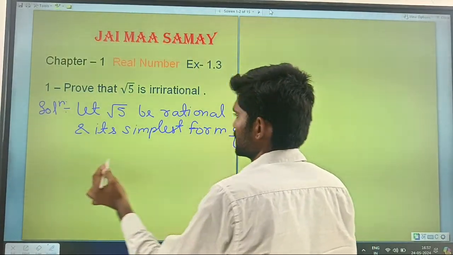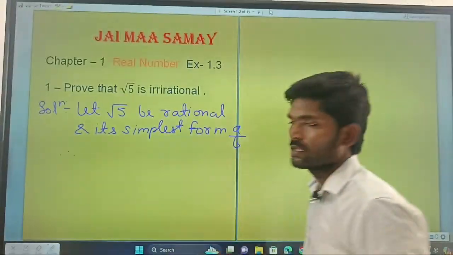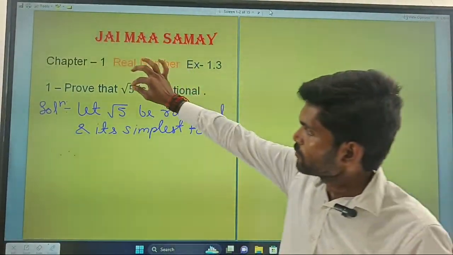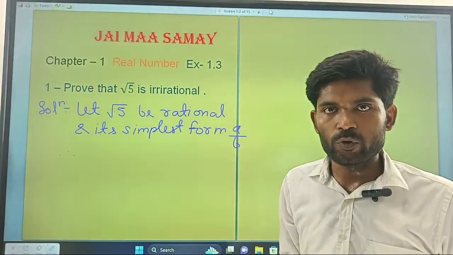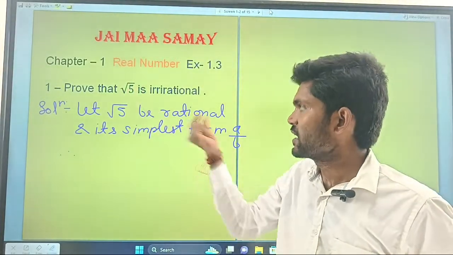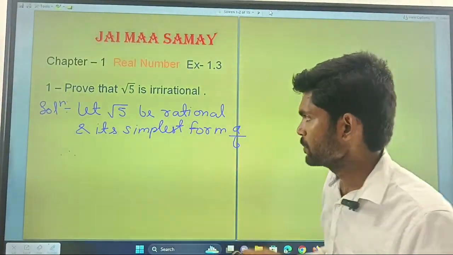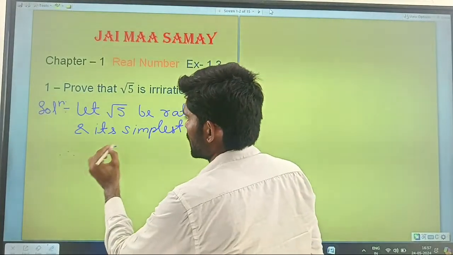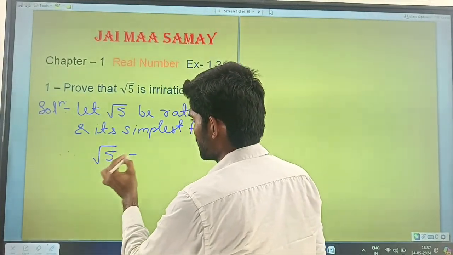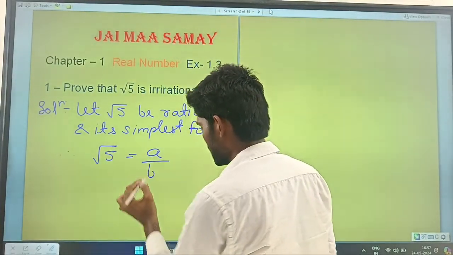A upon B. Dear, you know very well under root 5 is irrational, but we suppose it is rational, then its simplest form is A upon B. Therefore, write under root 5 equal to A upon B.